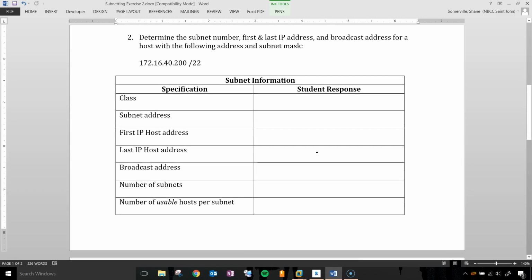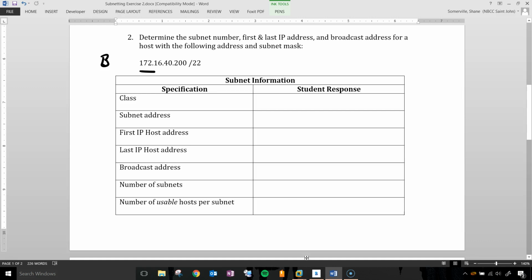So the same idea, you need to define the class, the subnet address, the first and last host, broadcast, and number of subnets for this address here. This one's a little bit different because this is a class B, begins at 172.